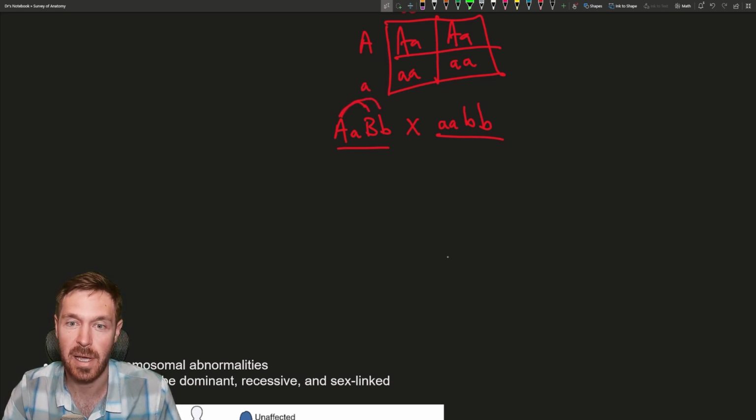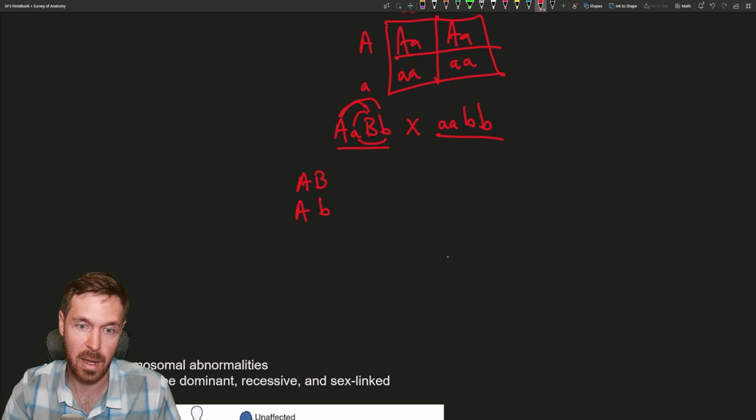First, outside, inside, last. So you get big A big B, big A little b, little a big B, and little a little b. These ones here would all be the same going across because there's no differences between them.